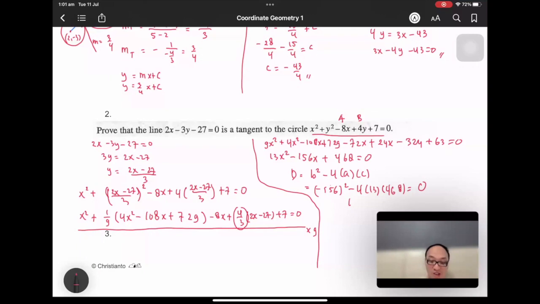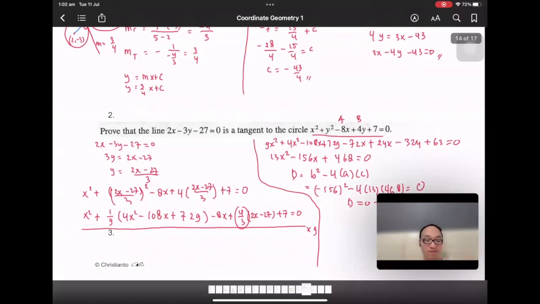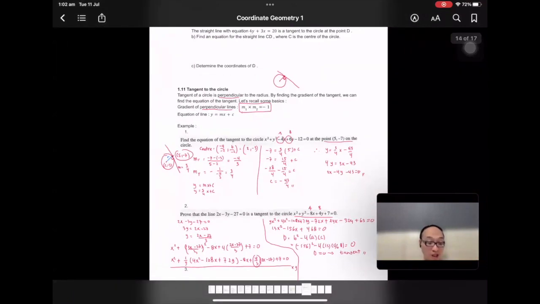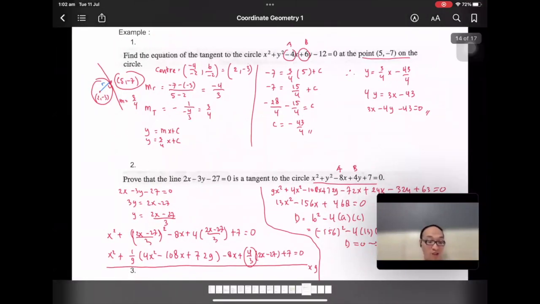So discriminant equals to 0 means one root or one intersection point. So this is a tangent. So this proves that the line 2x minus 3y minus 27 equals to 0 is the tangent to the circle.